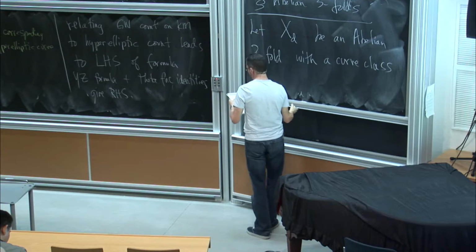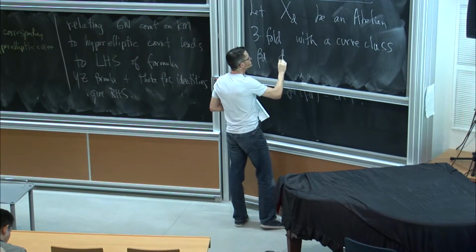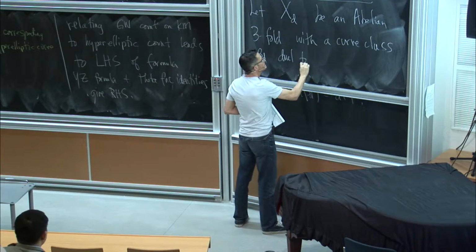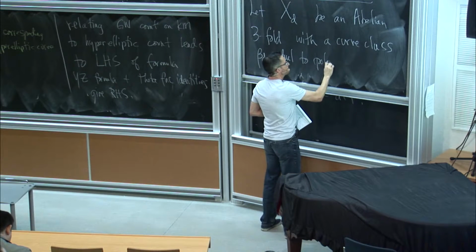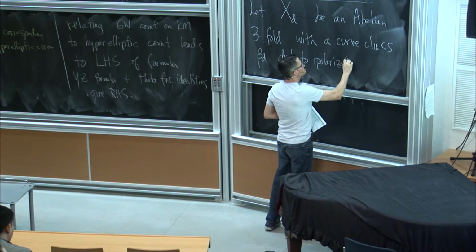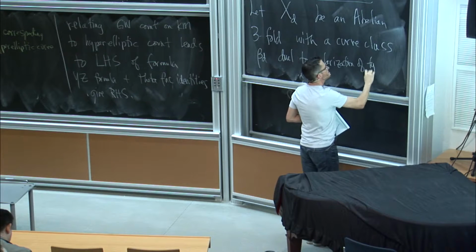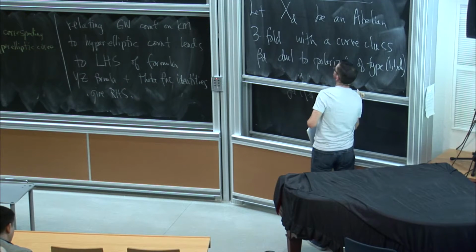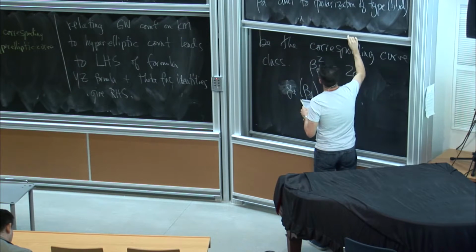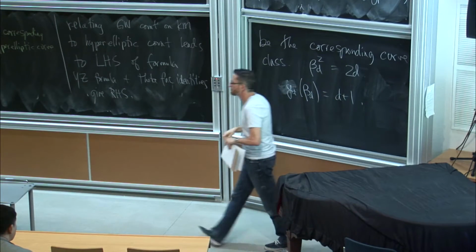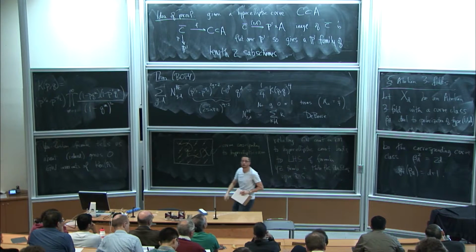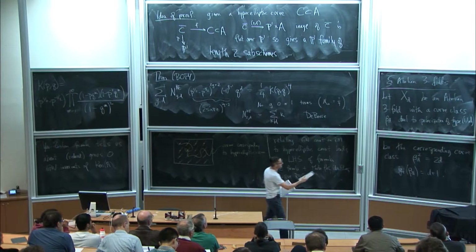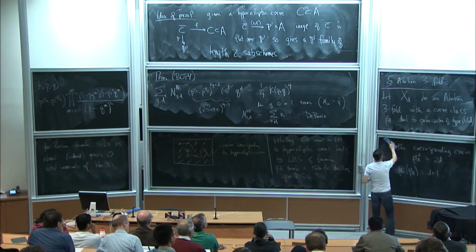So it's a curve class, and I'll ask it to be dual to a polarization of type (1,1,D). Okay. Again, I want to count curves of genus g in this class, beta_D.